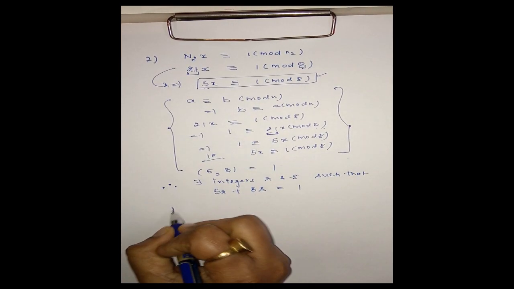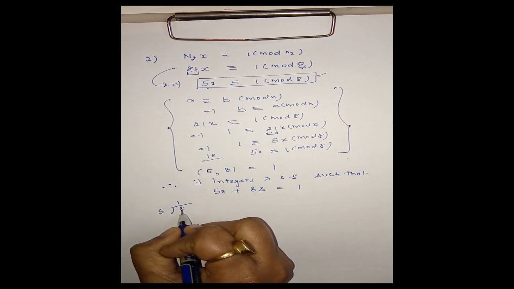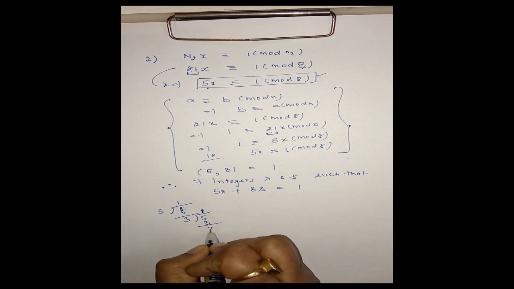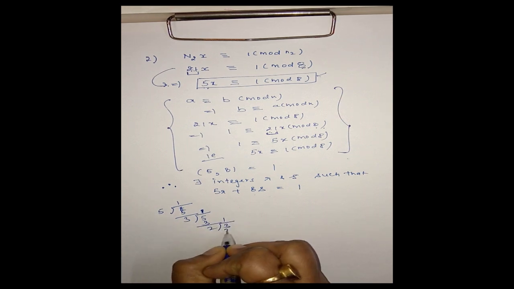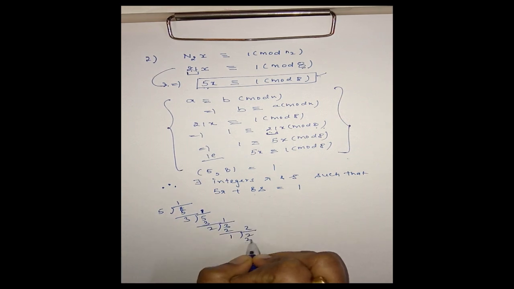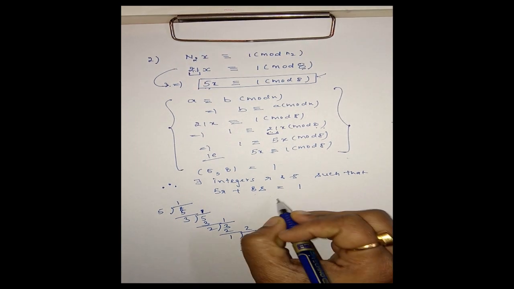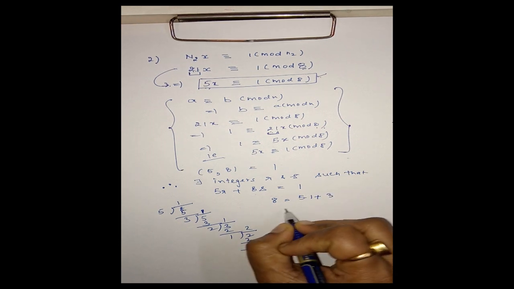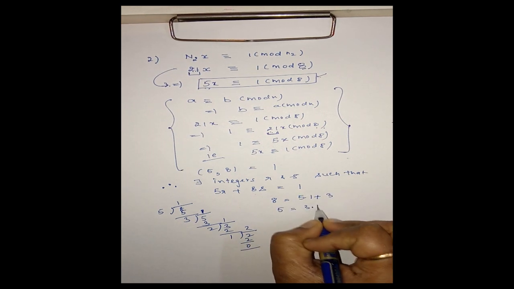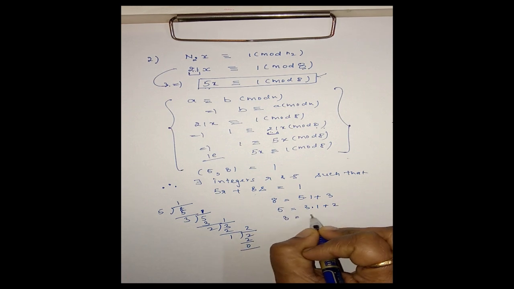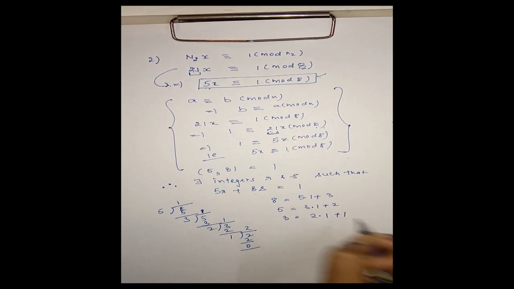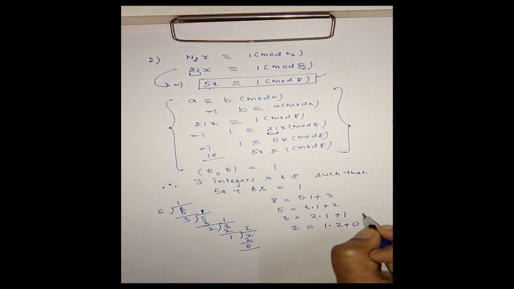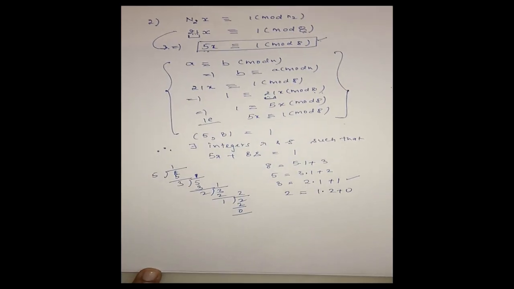Now we will divide 8 by 5: remainder 3, again 2, then 3, 2, 0. That means 8 can be written as 5 into 1 plus 3. Then 5 is written as 3 into 1 plus 2. Then 3 can be written as 2 into 1 plus 1, and 2 is written as 1 into 2 plus 0.